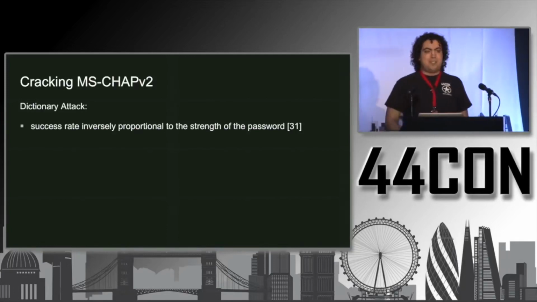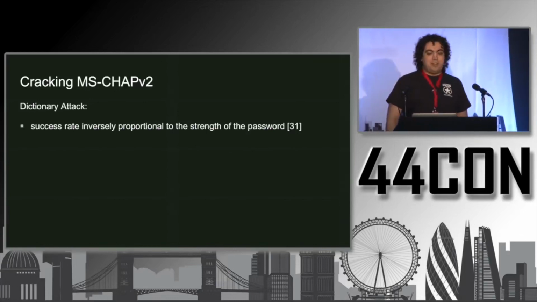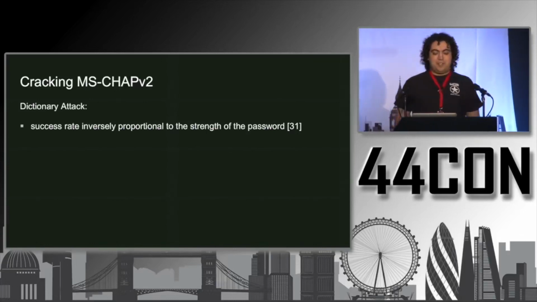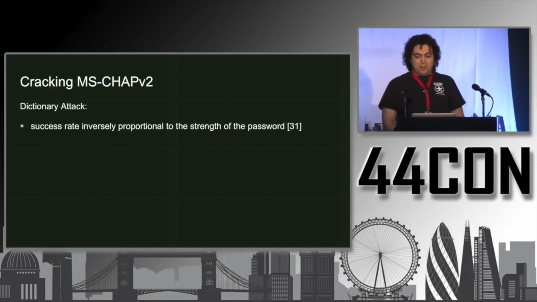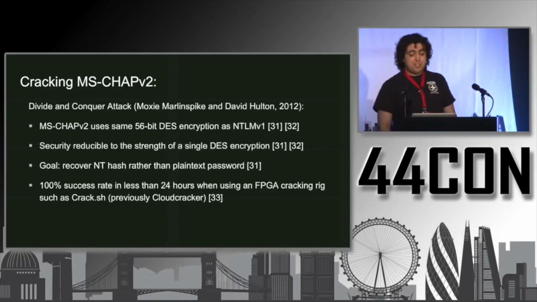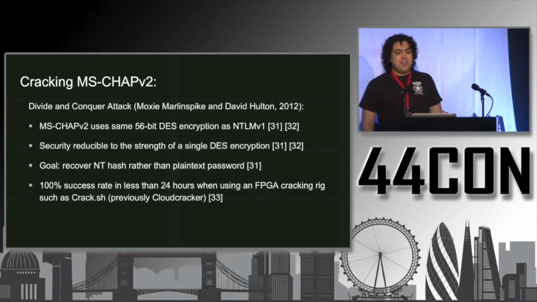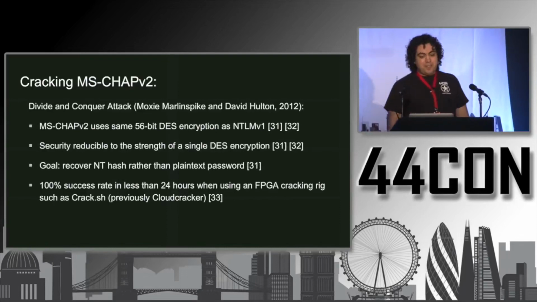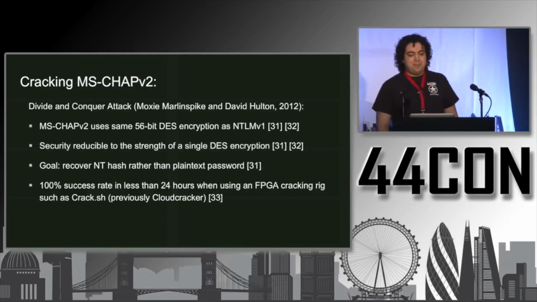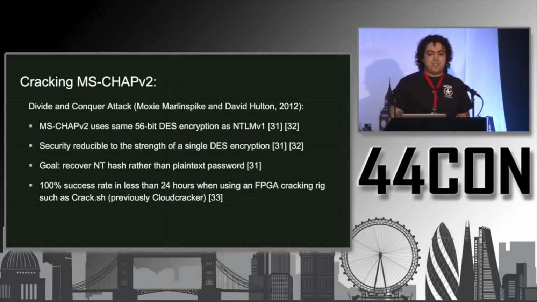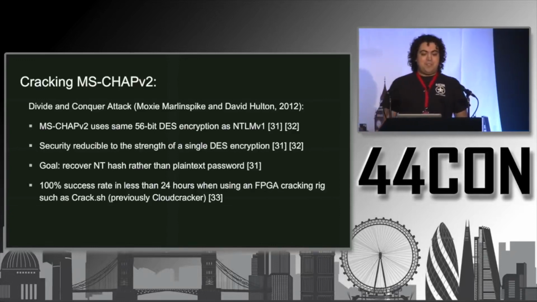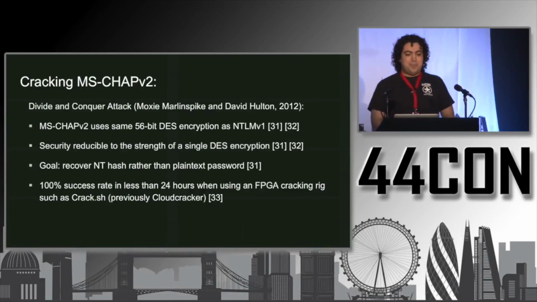The problem is that's slow. It's like cracking a PSK network, where you have to sequentially try a bunch of things, and if you have a really long password, it can almost be unfeasible. Fortunately, or unfortunately, depending on your perspective, MS-CHAPv2 is also vulnerable to a divide and conquer attack. Moxie Marlinspike and David Hulton back in 2012 discovered that MS-CHAPv2 actually uses the same 3DES encryption that NTLMv1 uses, so you can reduce it to 56 bits of encryption.